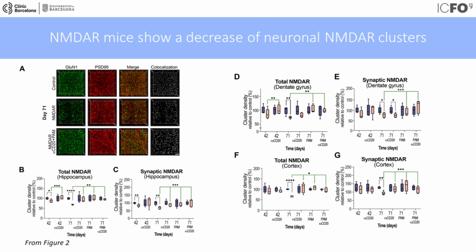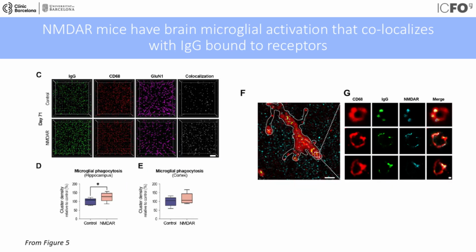Anti-CD20 was effective on day 42, but on day 71, mice treated with anti-CD20 showed decrease of NMDAR density again. We noticed that untreated NMDAR mice had increased microglial activation on day 71. Moreover, we could demonstrate by confocal microscopy and super-resolution images that microglia phagocytose IgG bound to NMDAR.